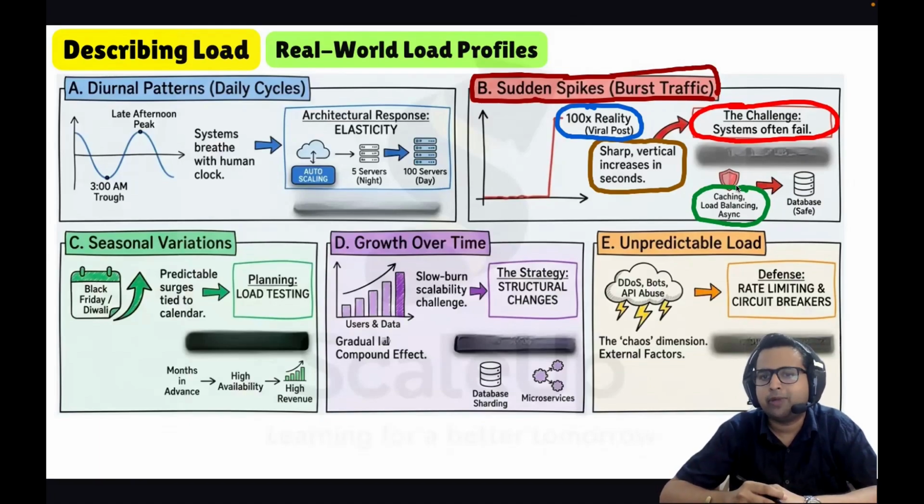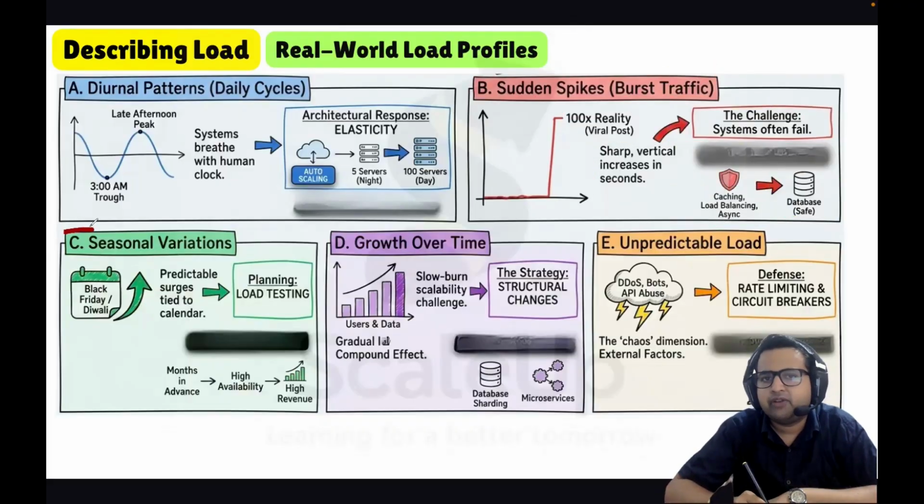So caching, load balancing, and asynchronous processing can absorb the blow of sudden spikes and burst traffic without crashing the database. This is something we should consider.